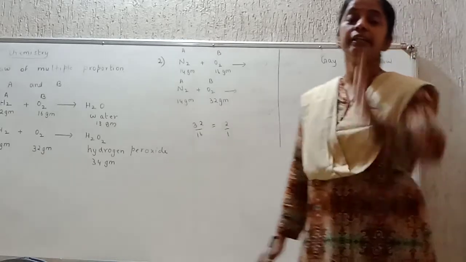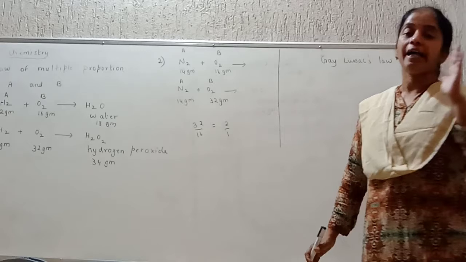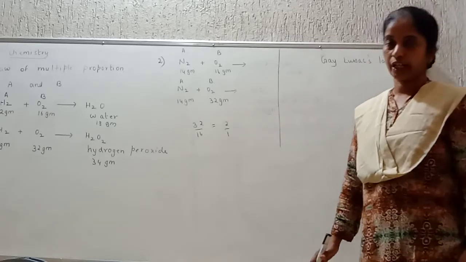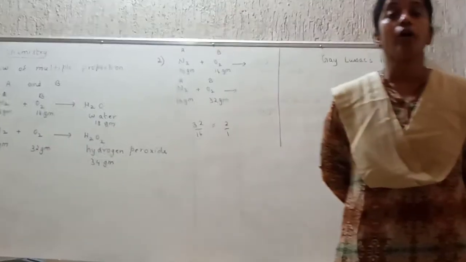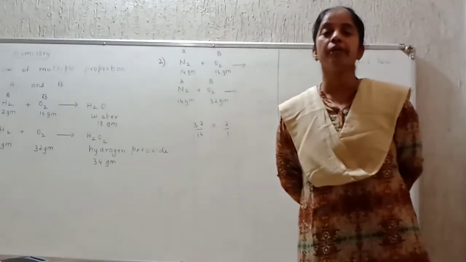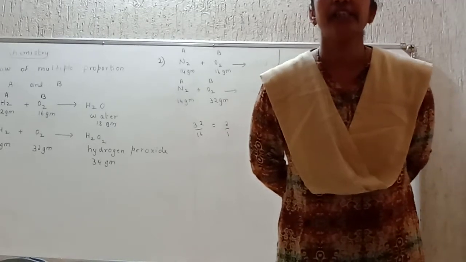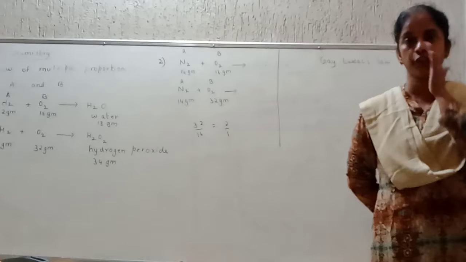They react by equal volume at the same temperature and pressure. I'll repeat. When gases combine or gases are formed during a chemical reaction, then the volume of the gases are in the same whole number ratio.